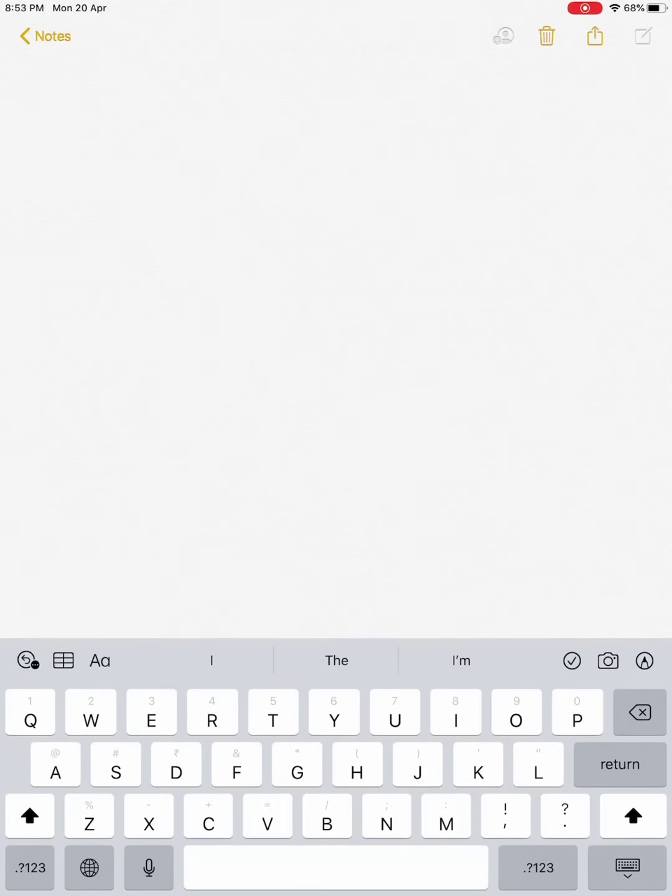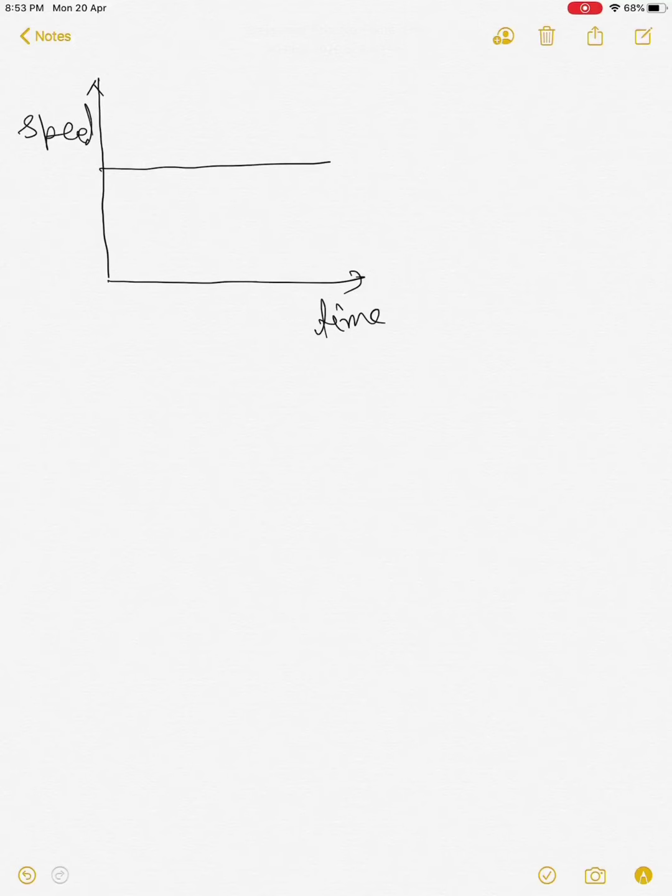I am showing here some graphs that are speed time graphs. If the speed time graph is parallel to the time axis, then there is a uniform speed.